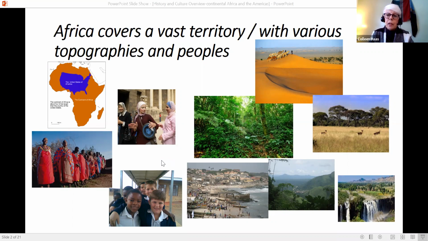We have lots of different kinds of topographies, like in the northern regions of Africa, we have drier, desert-like areas. In some of the central plains in West Africa, we have what's called the savanna or grasslands. In the coastal areas, there are lots of very thick, dense forested areas, as well as coastal settlement areas and fishing villages.